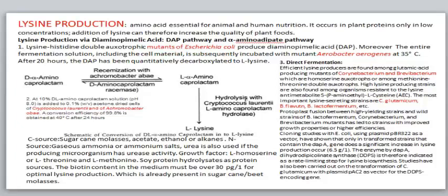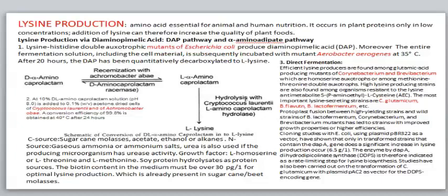The strain used is Aerobacter aerogenes. Sometimes another strain is also producing. These are Corynebacterium and Brevibacterium.